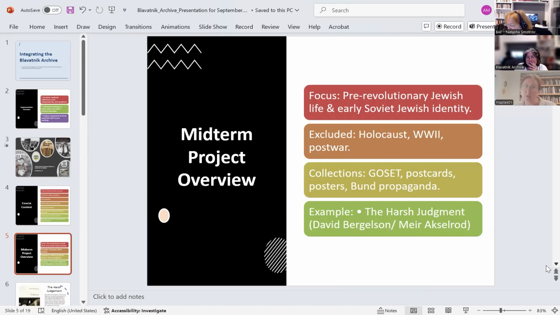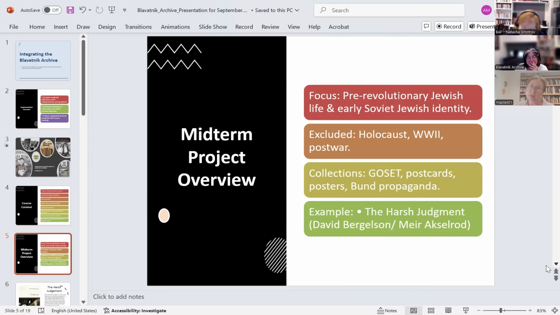The midterm project, which was the main project where I used the archive, excluded the Second World War, the post-war period, and the Holocaust. Mostly students concentrated on three different collections: Bund propaganda, the postcards that spoke about the 1920s and the First World War, and primarily, and that's what the students chose most, they really liked it, the collection of corset designs. And here I'll give one example of how students did it.